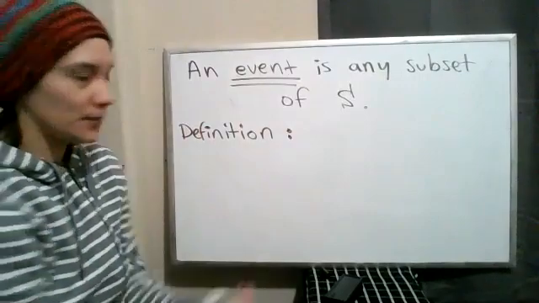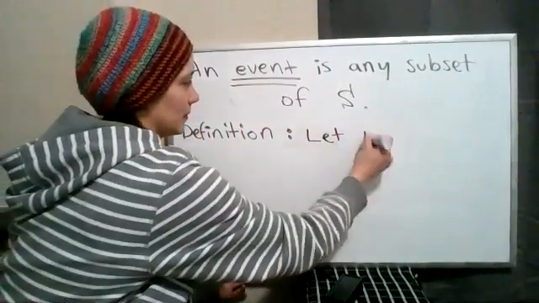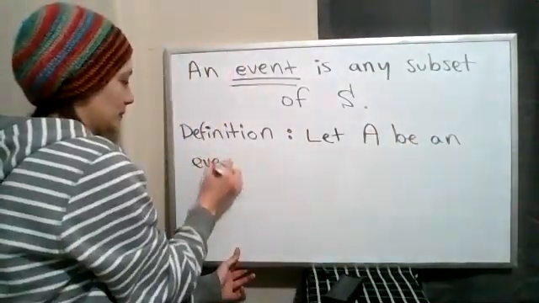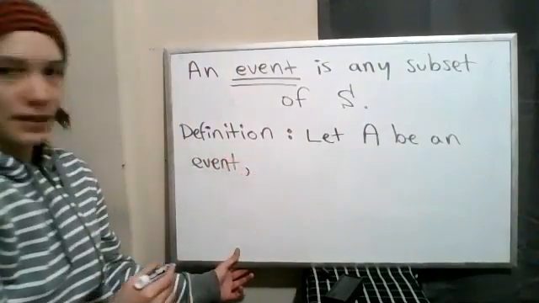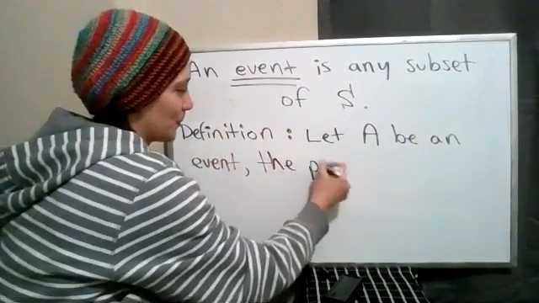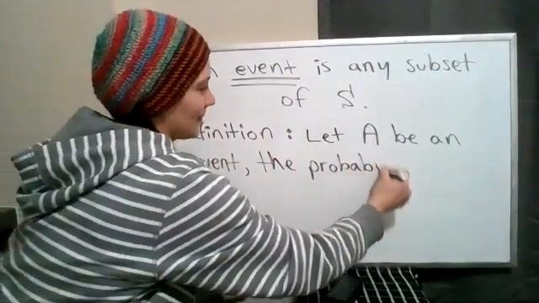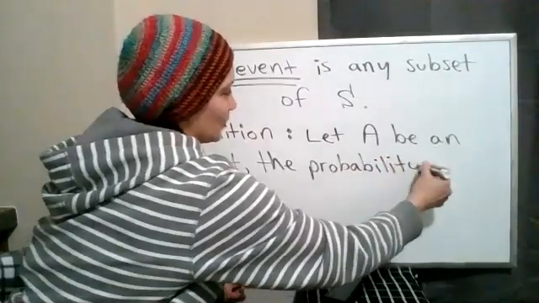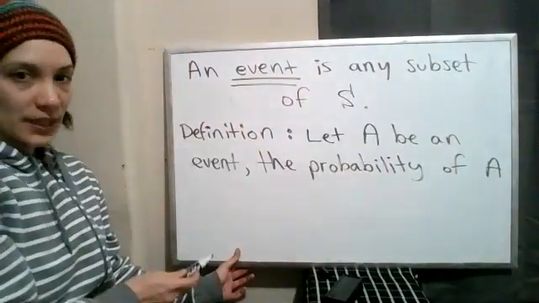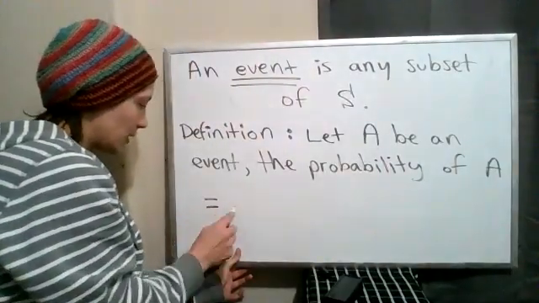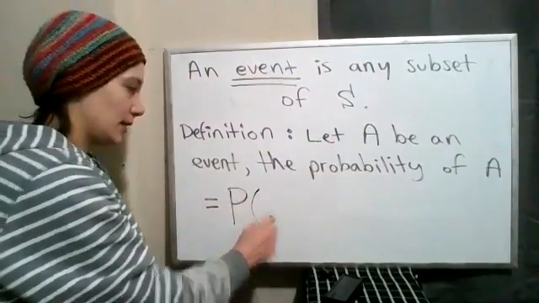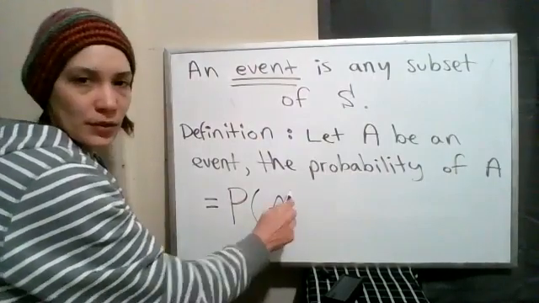Let A be an event. The probability of A, it is written like this, probability of A, and then close the parentheses.